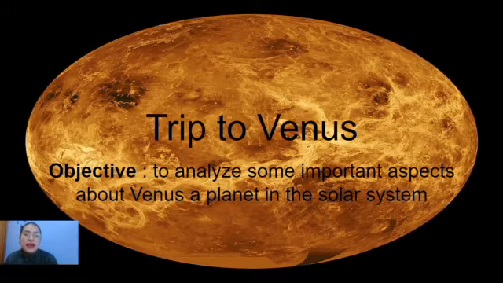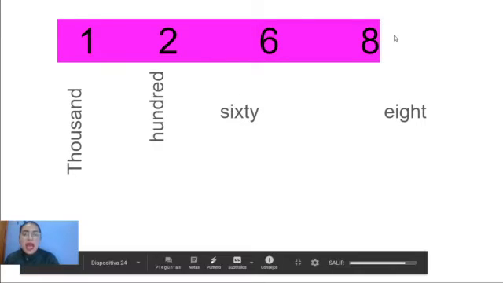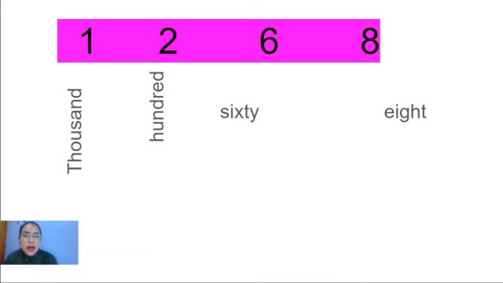Okay, let's start. But first, we are going to do a small review about numbers. For example, 1268 is a number. Now, in English, remember, in this part you have to use 1000, 200, and this part you can read 68.